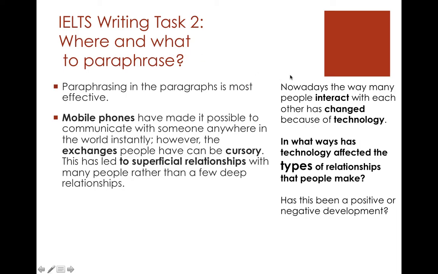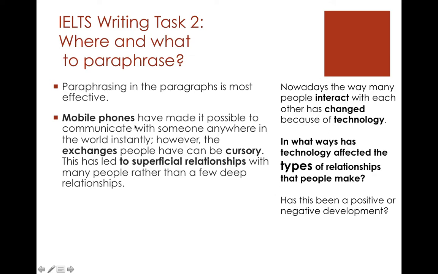Now, basically, we're going to paraphrase, not all of this, but we're going to paraphrase all the key words. 1, 2, 3, 4, and 5. One of those 2. I'll show you how that works and how that gets you a 9. Really super important paraphrasing technique here.